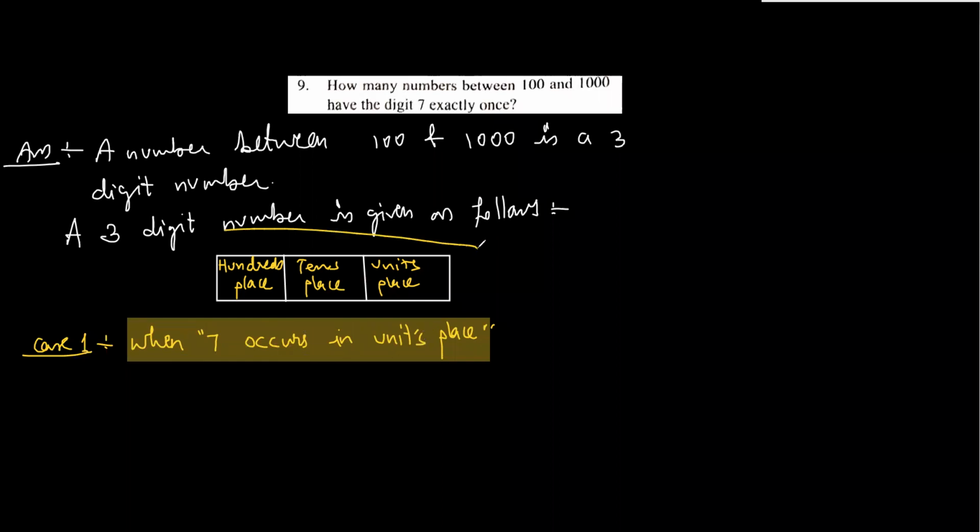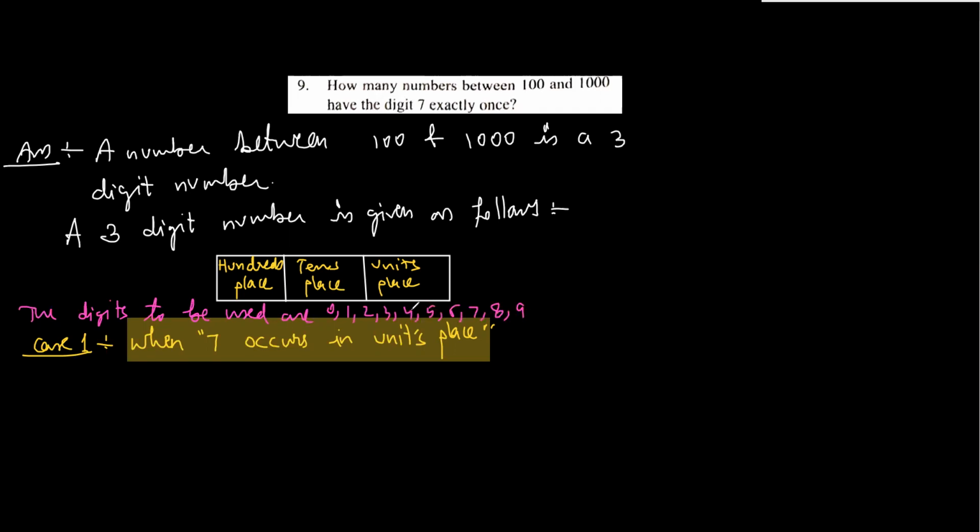But remember, you have to still make a three-digit number. And what are the digits to be used? Please, what are the digits to be used? The digits to be used are 0, 1, 2, 3, 4, 5, 6, 7, 8, 9.